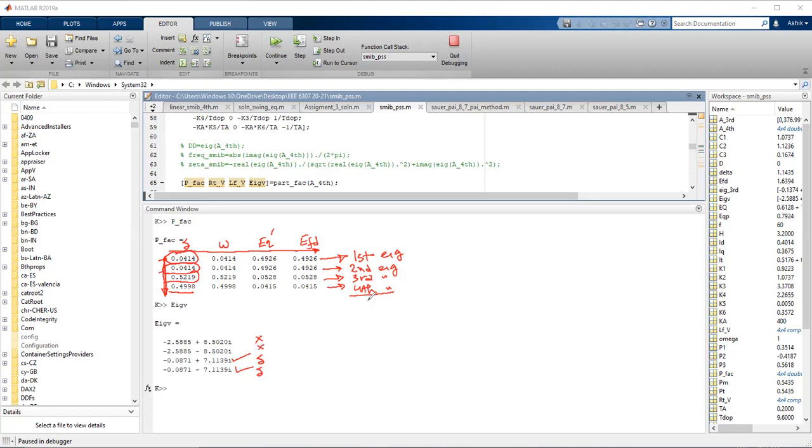Let's go to the second one. Omega. So for the first eigenvalue, omega is not there. So this is for omega. The first eigenvalue has low omega participation, only 0.04. In the second one, omega is low participation, but in the third and fourth, omega is largely participating.